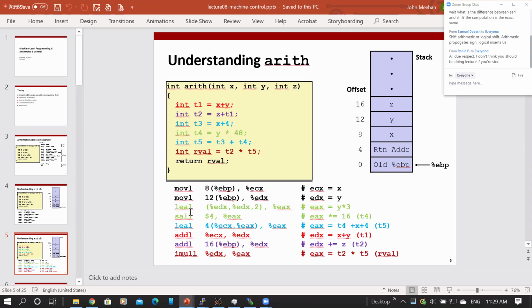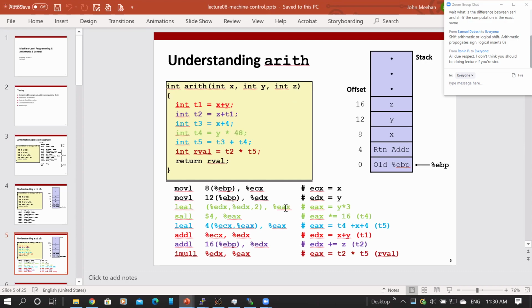This load effective address instruction says take the contents of the EDX register, which is our Y parameter, that int Y, multiply it by 2 and add it to EDX. So that effectively says take the Y and multiply it by 3 and put it in EAX.